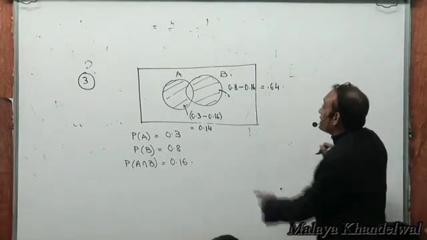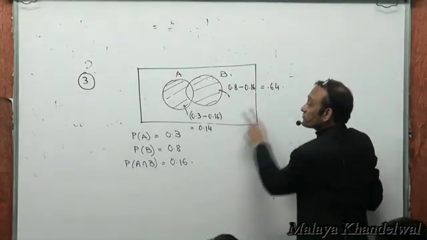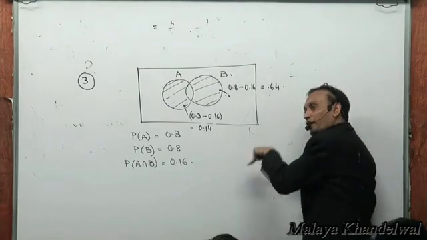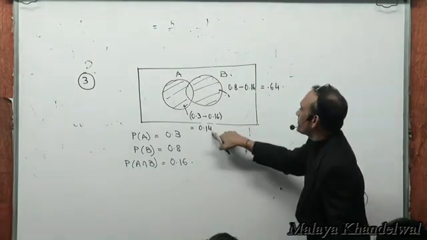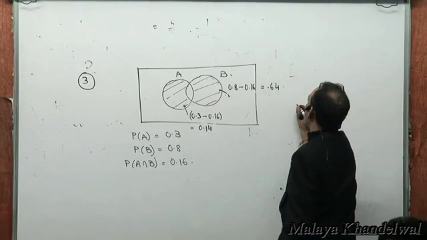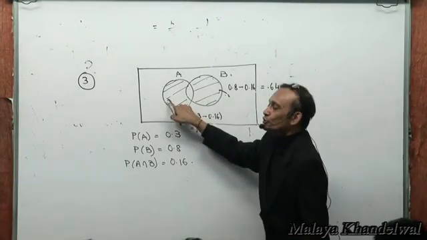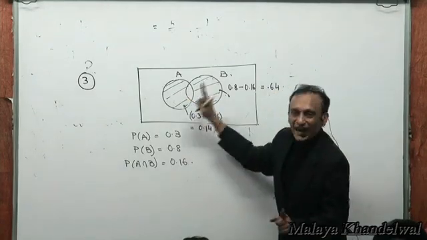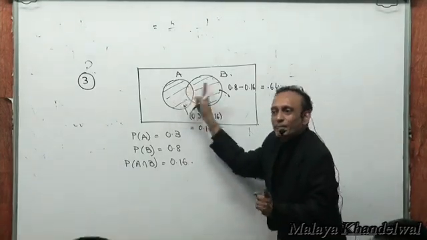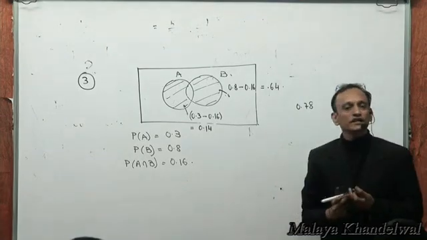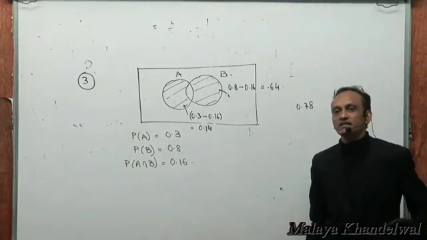So the required probability would be 0.64 plus 0.14, which is 0.78. And do you realize these are mutually exclusive regions? So I can add their probabilities because they are mutually exclusive. 0.78 is the required probability.